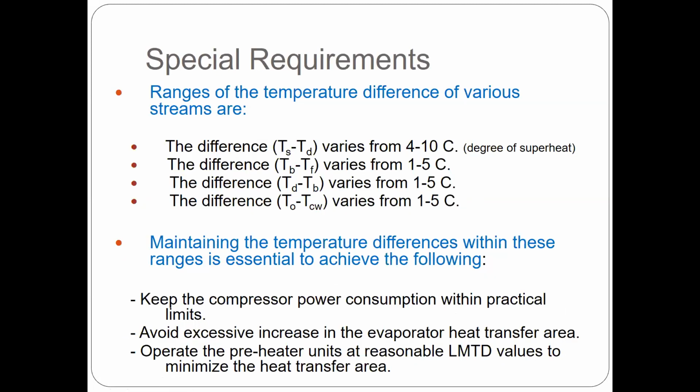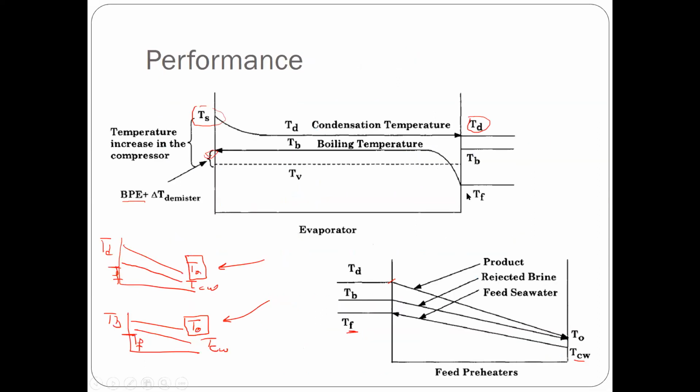The difference between the feed and the brine is 1 to 5 degrees centigrade. I'm talking about this increase in temperature. You better heat the feed to the highest temperature possible in the heat exchangers. On the other hand, you don't want the heat exchanger size to be infinitely large.